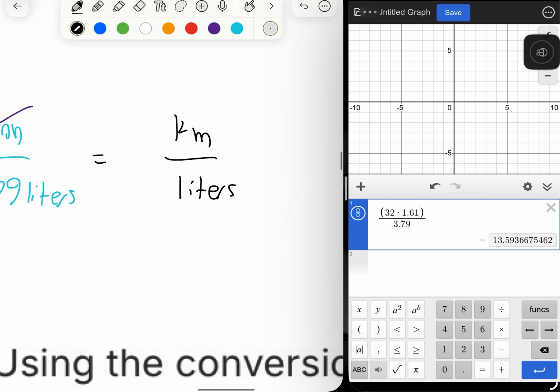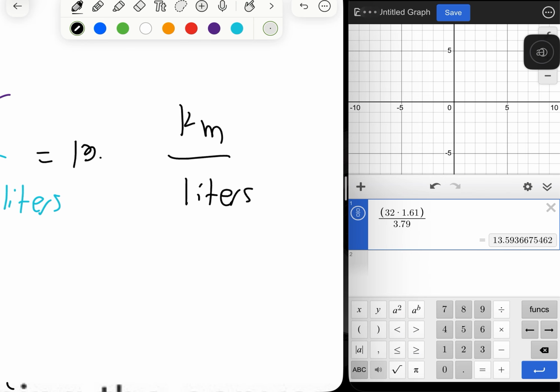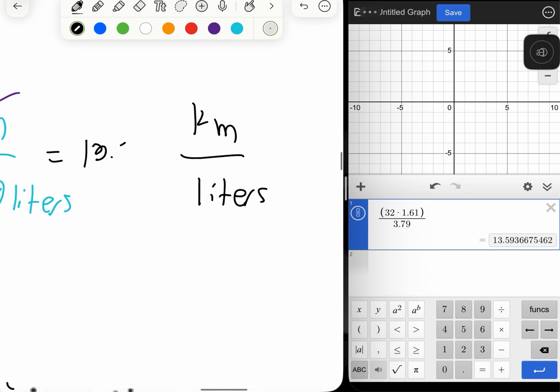That's going to give us, and I'm going to round, 13.594. So what that means is that for every 1 liter of fuel that's consumed, the car goes 13.594 kilometers.